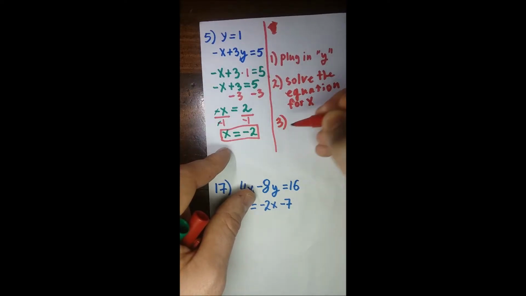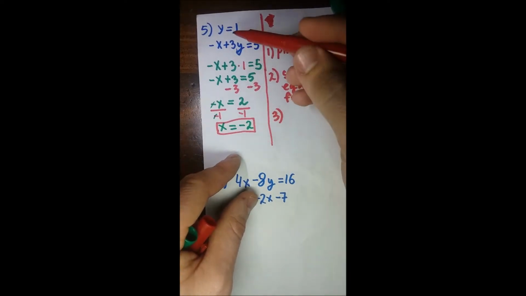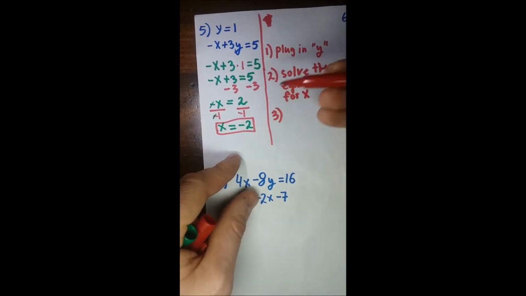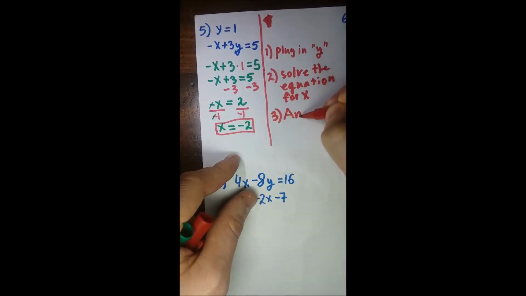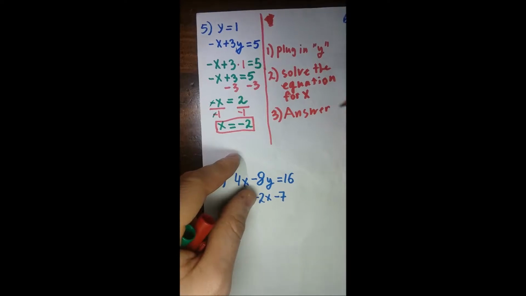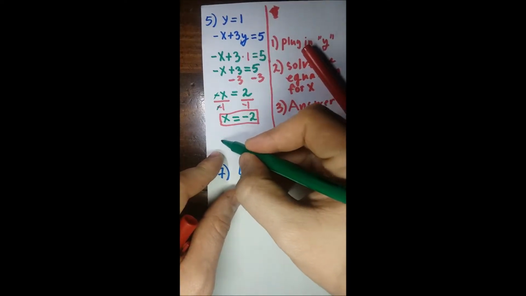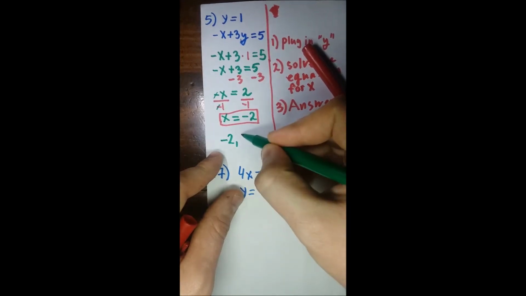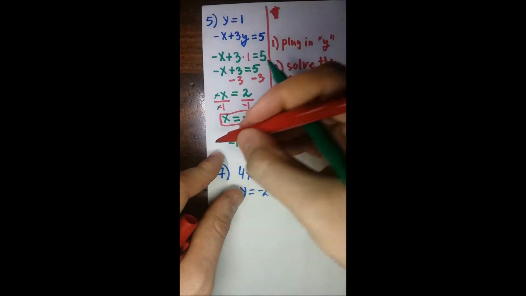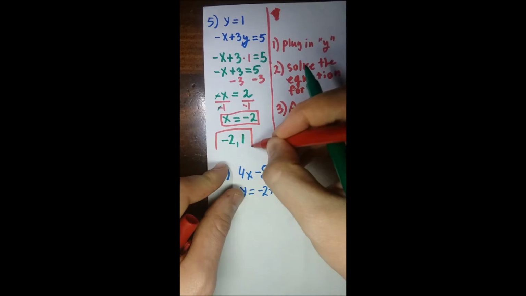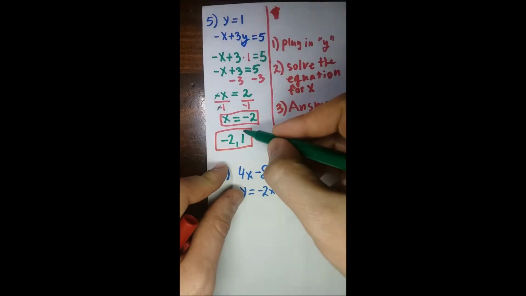And now we need step 3. If y equals 1, x equals -2, we need to write down the answer. So the answer is actually this. X equals -2, y equals 1. And of course, we got to put those in parentheses.